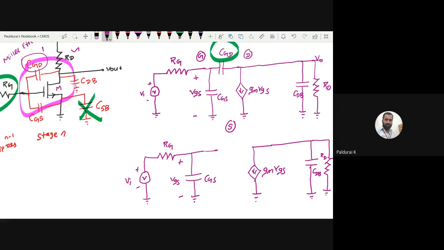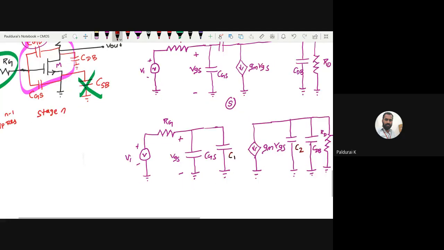See, now this capacitance CGD is common between input and output. It can be replaced by two capacitors, one at the input side, another one at the output side. Let me call this one C1, using some other color, and this one C2. And you know the formula for C1, right?